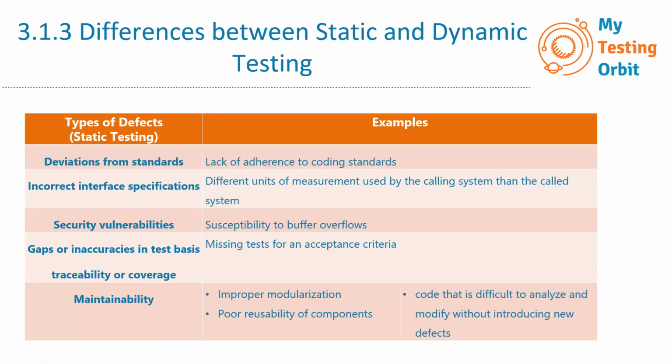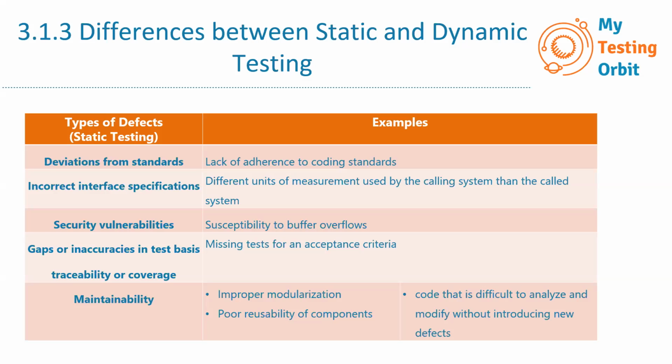Okay, so some more types of defects: deviation from standards, lack of adherence to coding standards. Whenever we are writing any code, we do have some coding standards. Every organization has its own coding standards.